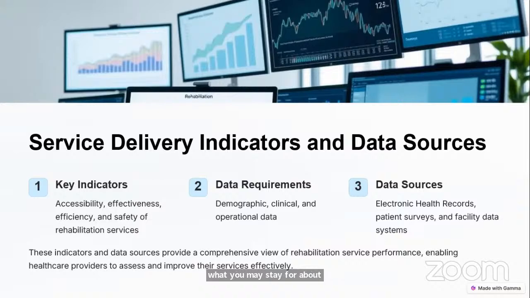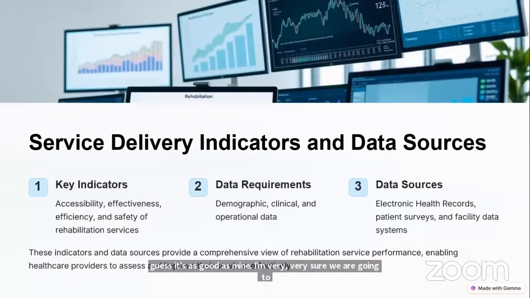And maybe service provider C will give you the same services, but in the next 2 or 3 hours. Or you are not even sure, you just go there and be waiting. Your guess is as good as mine. I'm very, very sure we are going to patronize service provider A. So these indicators are very, very important, right?